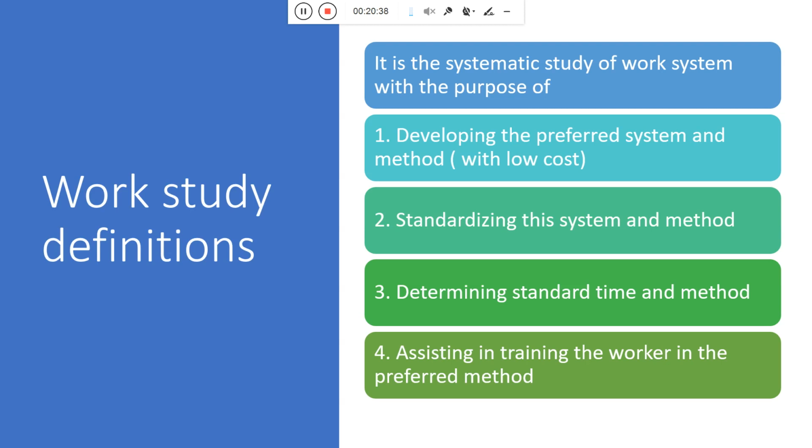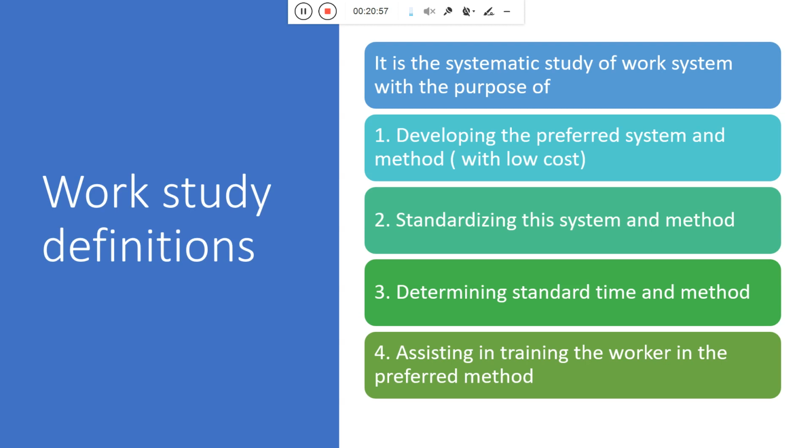The next is assisting in training the worker in the preferred method. So first you need to select the preferred method, and you can give the training to the worker on that particular method. The simple purpose is like that.